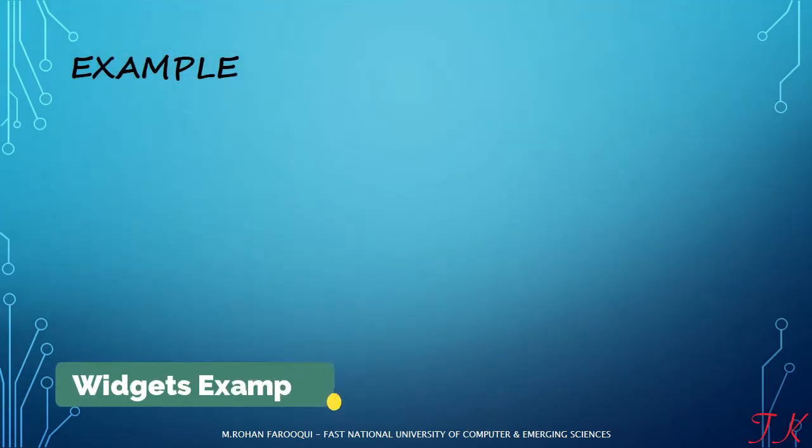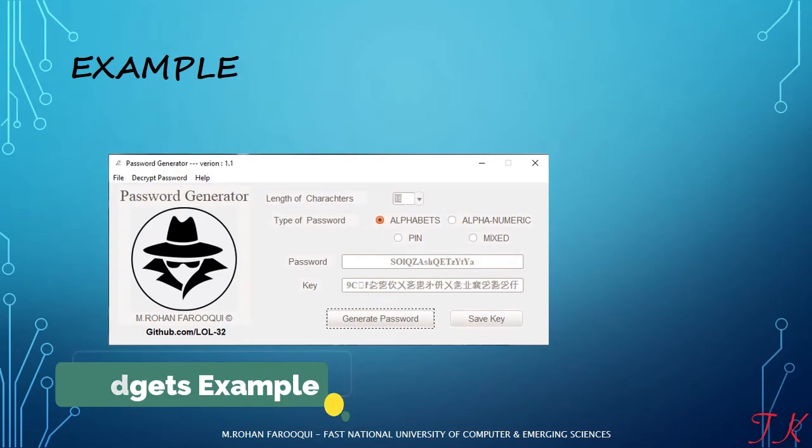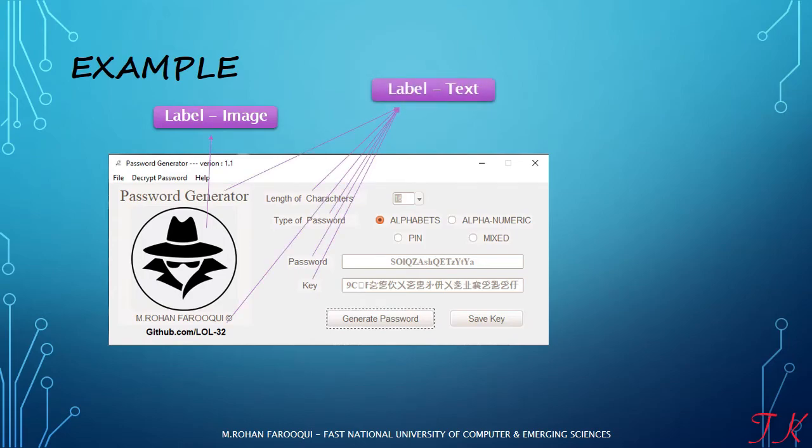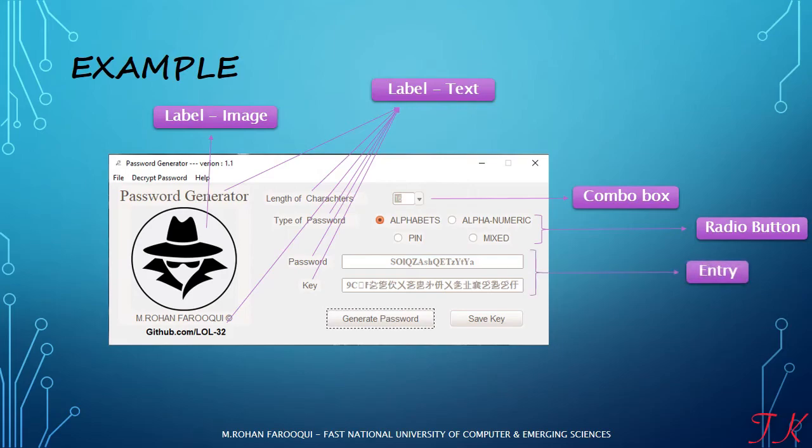I take an example of my own software named password generator. You can check it, I have given the link in the description. Here, if we see some basic widgets, I have displayed an image using a label, displayed text using a label, taken input from the user as a combo box for the length of characters, taken input for the type of password as radio buttons, displayed the password and its key using entry, and then I have provided two functions, generate password and save key, using buttons.